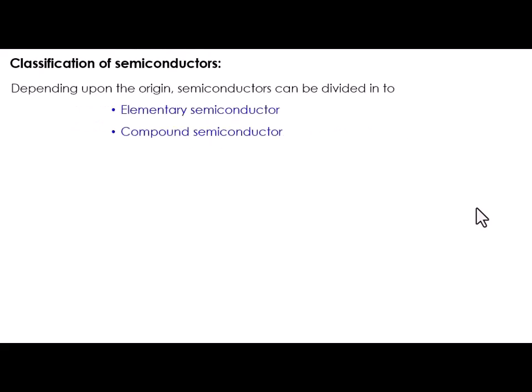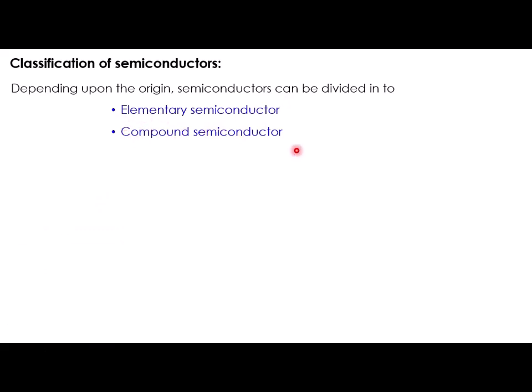Now to begin with, let's classify the semiconductor material first. Depending upon the origin, that means depending upon where you are getting the semiconductor material from, semiconductors can be divided into two types. One is called elementary semiconductor, one is called compound semiconductor.